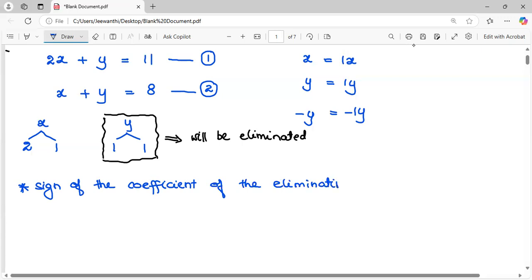Eliminating variable. Here we have plus 1 and plus 1.